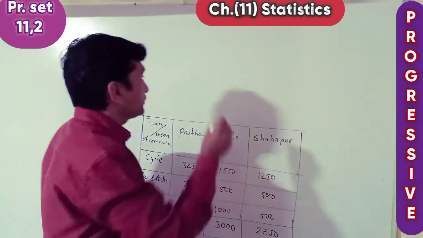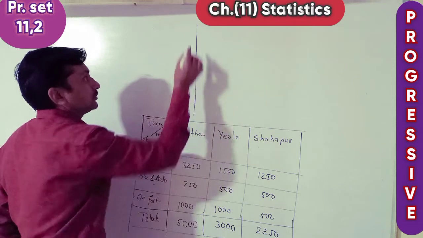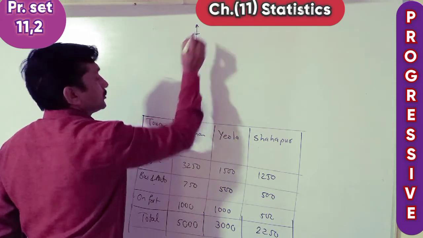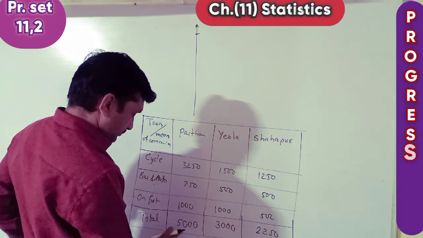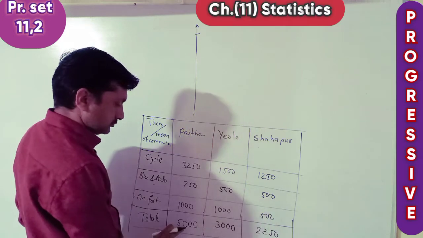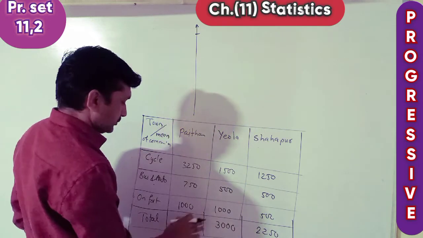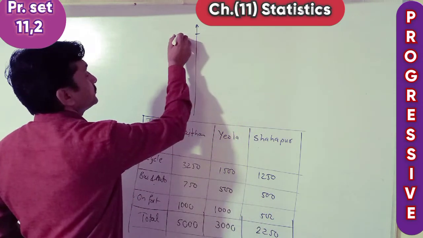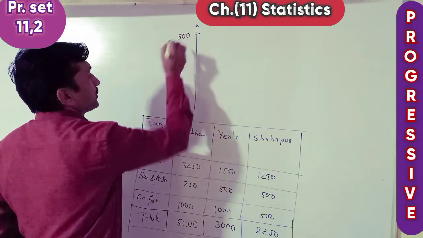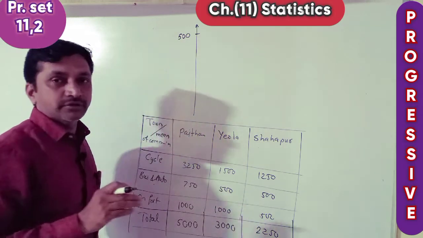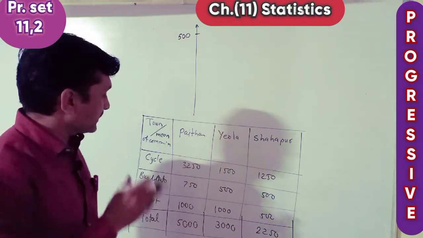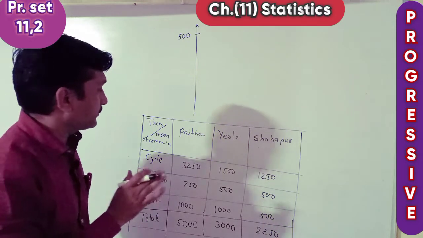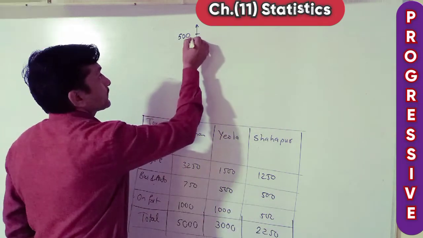Now for subdivided bar diagram, here highest is 5,000. Okay, then till 5,000 we want here, and it is said to take on y-axis 1 centimeter is equal to 500 students.